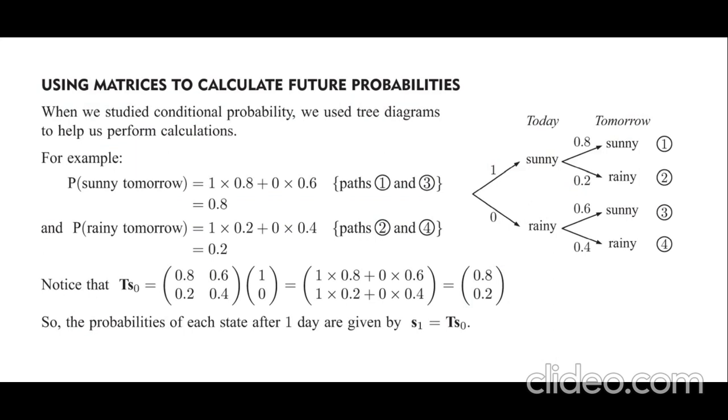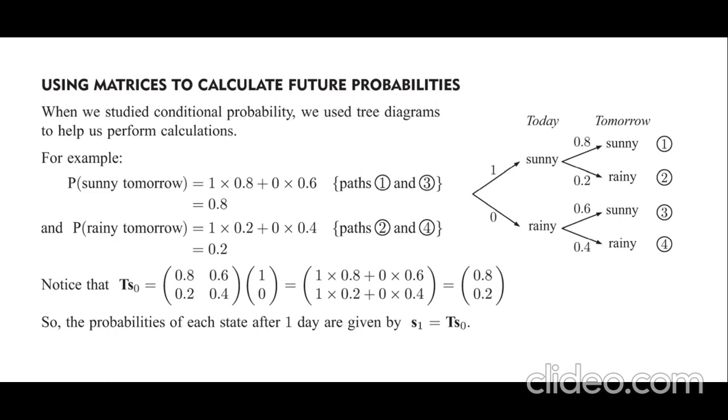So tree diagrams are much easier than making the Markov chain and calculating the future probabilities, but when you use tree diagrams, it is a little harder and a little complicated when you go further and increase the number of days, or the time.